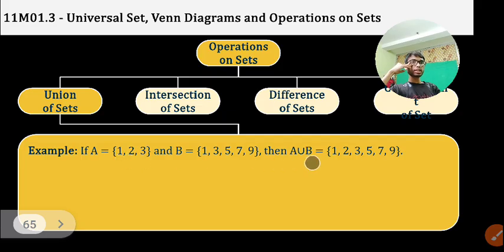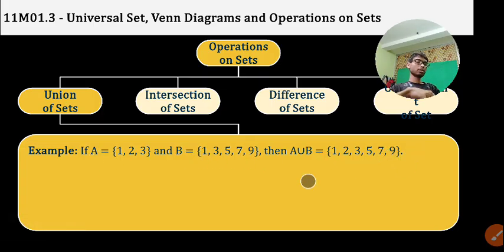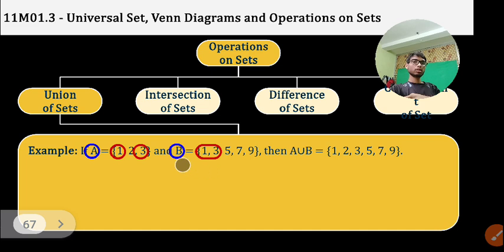Here we are saying that x belongs to A and x belongs to B, as with 1 and 3.